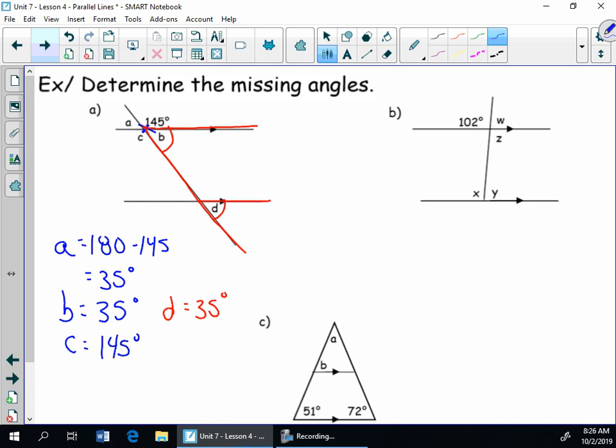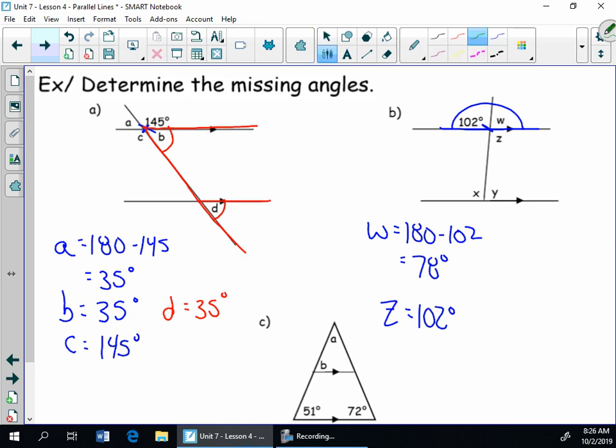What can I figure out? Well, the easy ones first. Here's my straight line. W must be 180 minus 102. It must be 78. Z's pretty nice to find because we see it's across from 102. But to get X and Y, I have to get down to that bottom part of the diagram. How do I get down there?